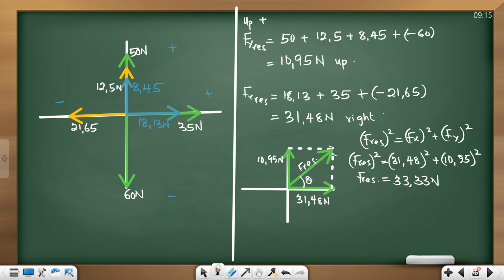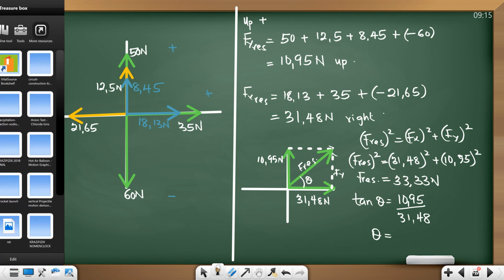Check. That's my angle. So, tan. This is Fy, remember? Opposite over adjacent will be 10,95 over 31,48. What is my angle, therefore?